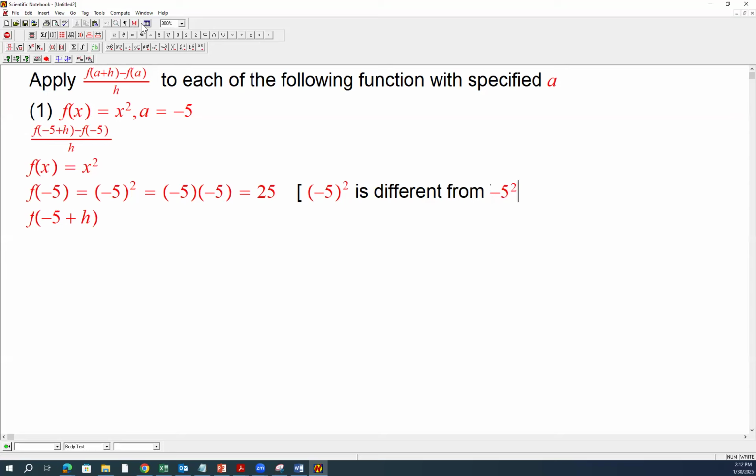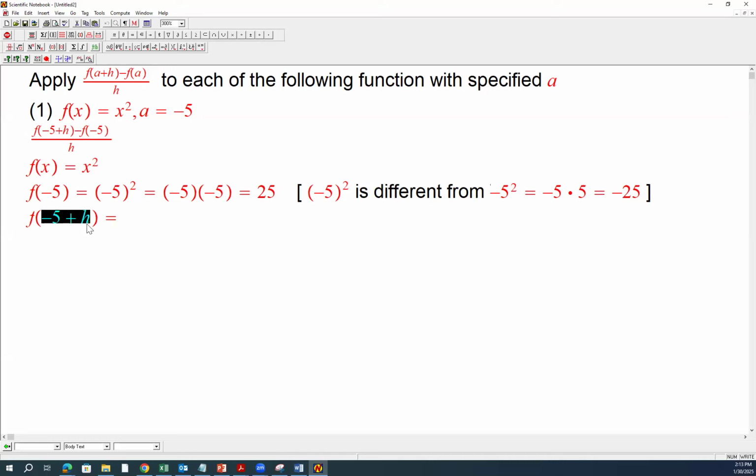What is the difference? We know that (-5) squared with parentheses about -5 is +25, but -5 squared without the parentheses about -5 equals -5 times 5 equals -25. Okay, so this is just a little side trip to review algebra.